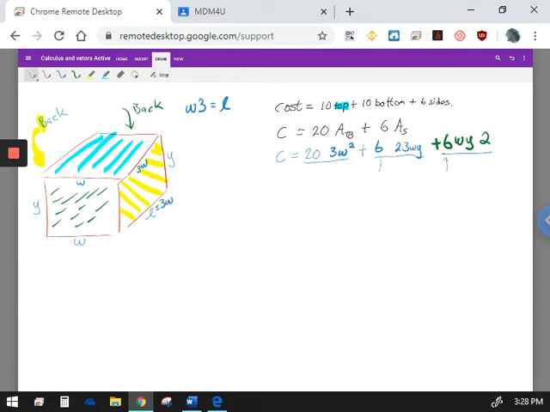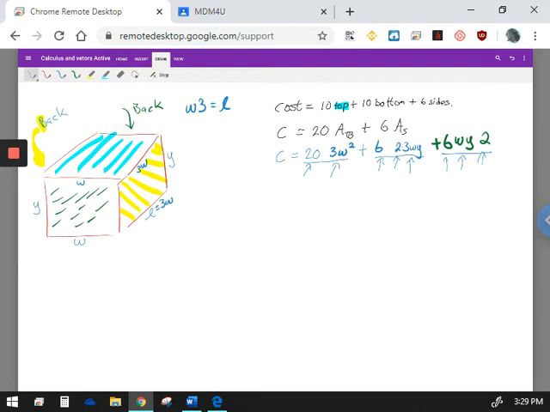The green side costs $6. There's 2 of each of those. And here's the area of each of those sides. Okay. And let's see. This one is the area of the top and the bottom. They cost $10, but there's also 2 of those. So I multiplied that 10 and that 2 with the curve. Okay. So there you go.